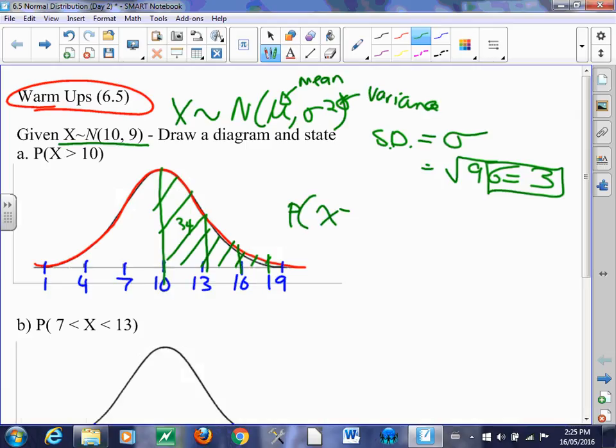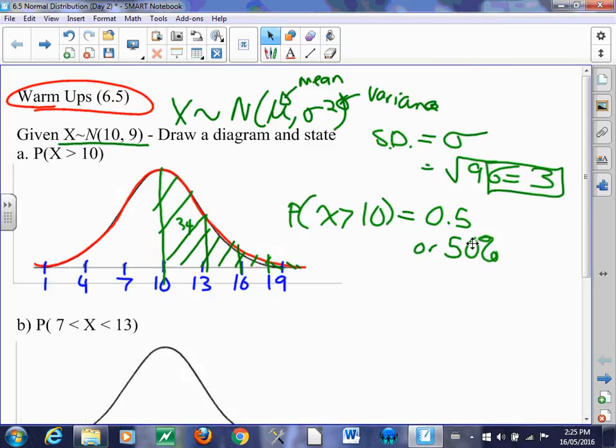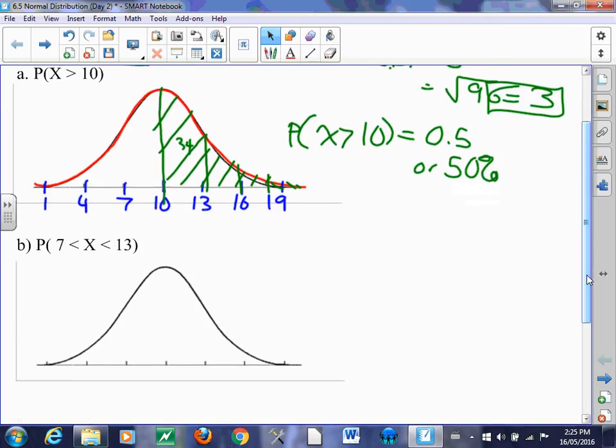Probability of x being greater than 10, guess what? If this is symmetrical, this means it's 0.5 or 50% because it's half of the graph, right? Because it includes even that little asymptotic 0.15% or whatever that was on the tail end.